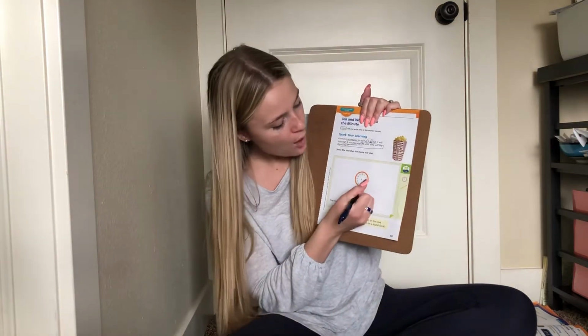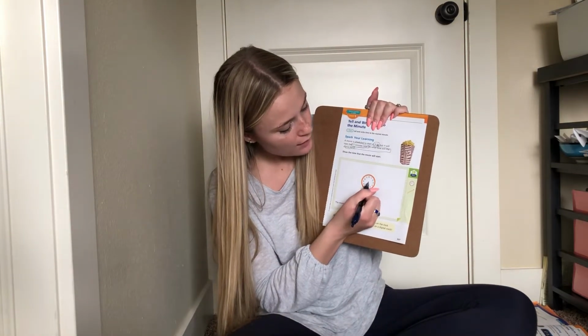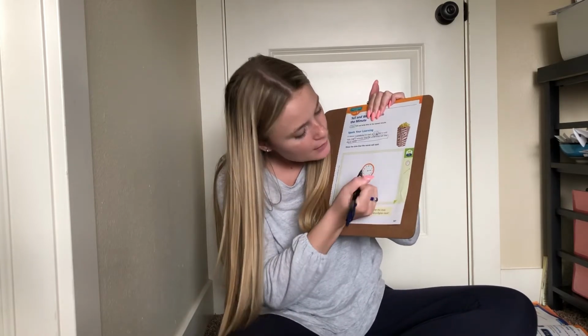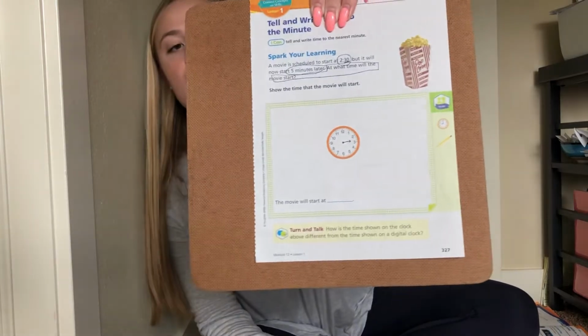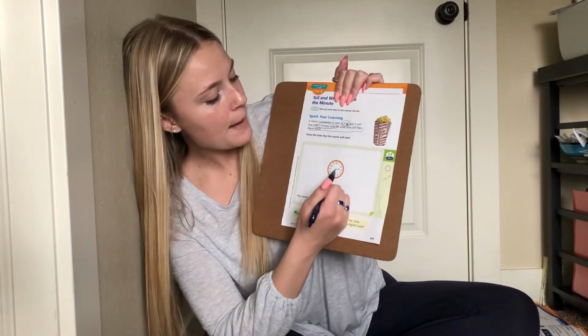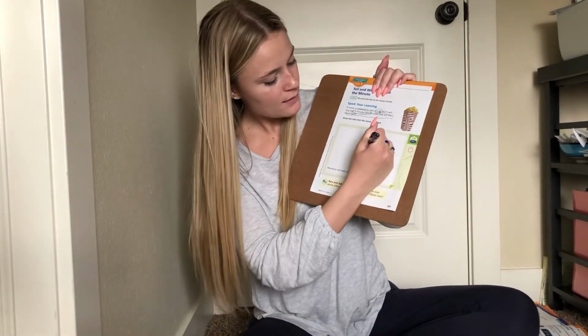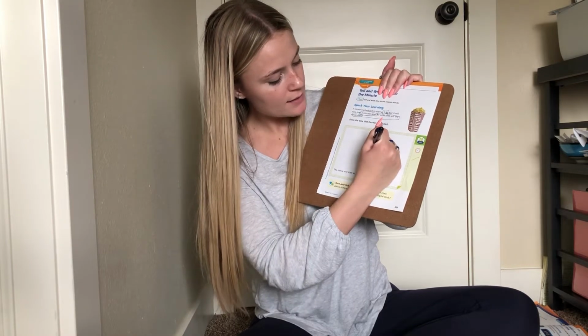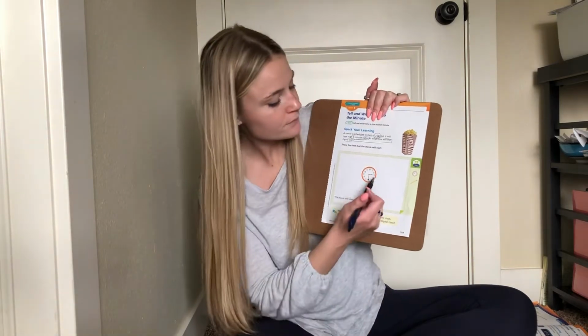So that's halfway or half past 2, which means I'm halfway to 3 o'clock. So my hour hand is going to be a little bit in between. See that? Now, my minute hand is going to go straight down to the 6 because that's 2:30.